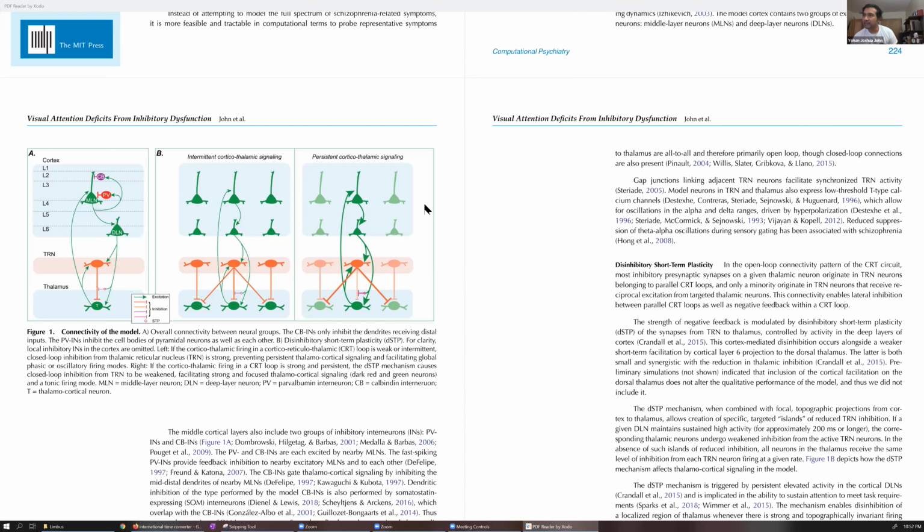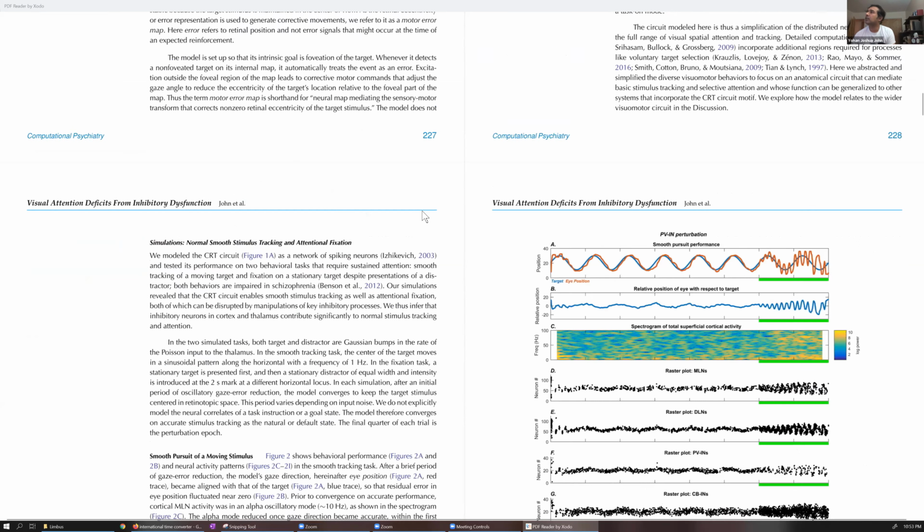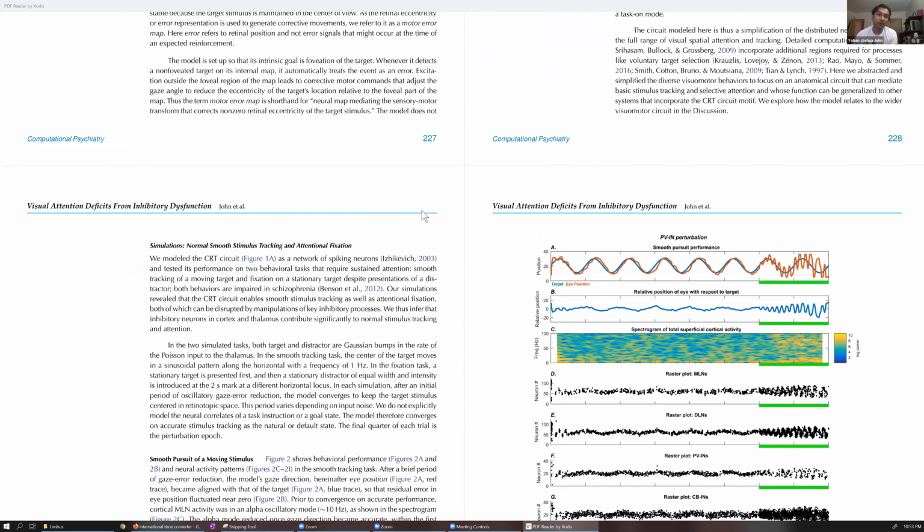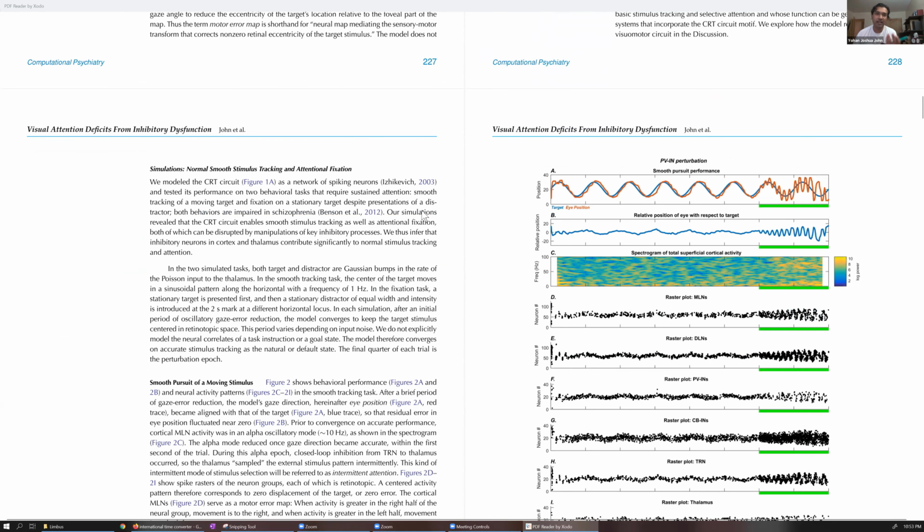I'll show you what the simulations look like, so you can get a feel for what an attractor looks like, even though it's a high dimensional system. I'm looking at a fairly low dimensional subspace of it by virtue of how I've constructed the topology. But here's just the performance of the model.